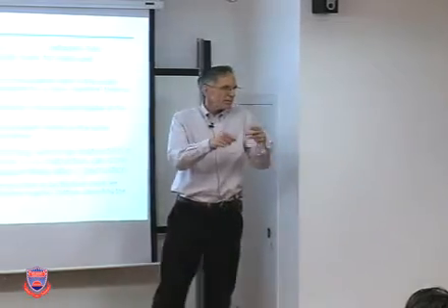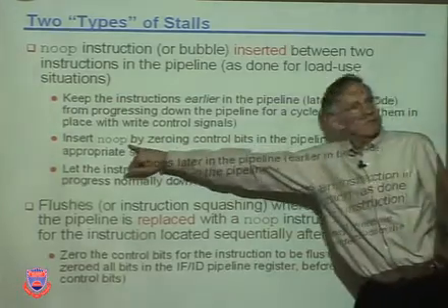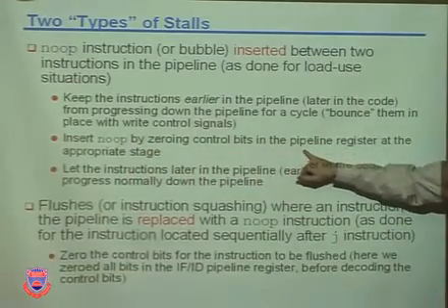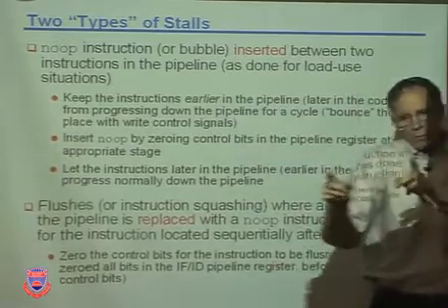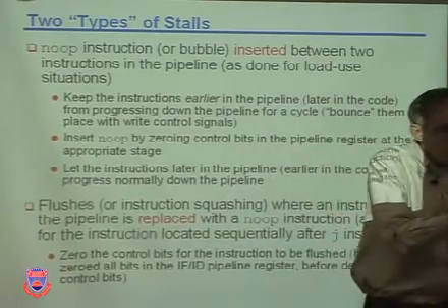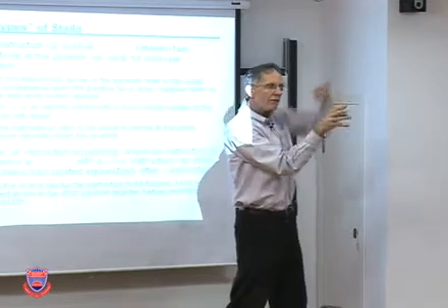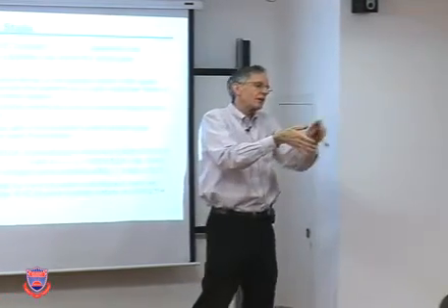Or bounce it means don't push it forward. Just kind of juggle it right there. And so you insert the NoOp by zeroing the control bits in the pipeline, as was said, at the appropriate stage. So things are moving along, and you're going to say, you hold right there, and what I'm going to do now is put zeros in.